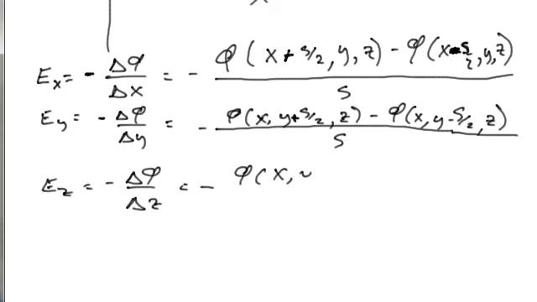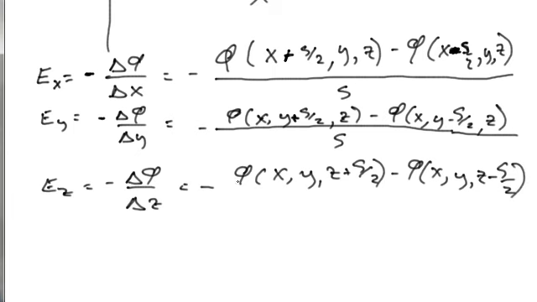Phi of x, y, z plus half a step, minus phi at z minus s over 2, and then that's all over the step size.